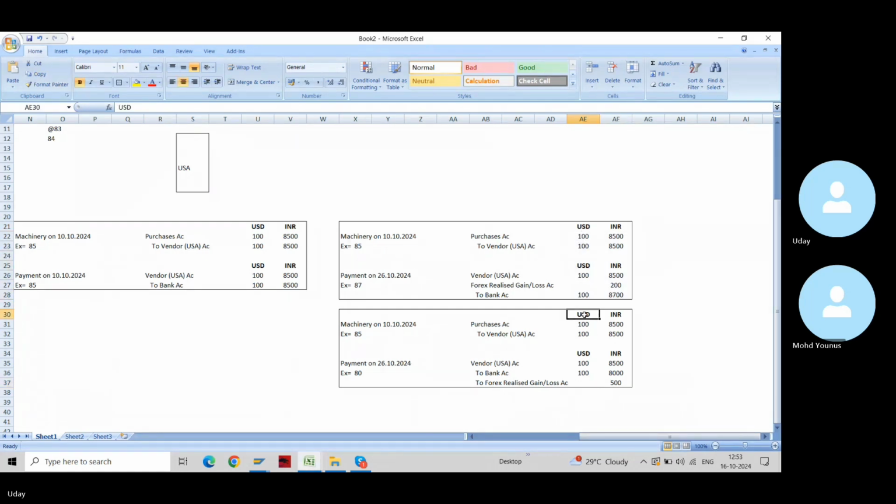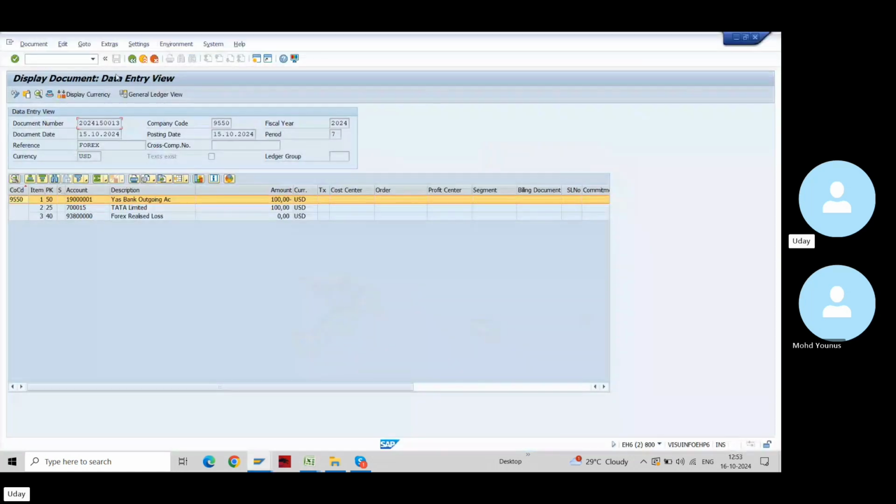Now when I'm changing display currency here, you got 70 INR. Because of the exchange rate, you got some gain or loss in local currency. Whatever you are dealing with in foreign currency, you are not getting any loss or gain in foreign currency.